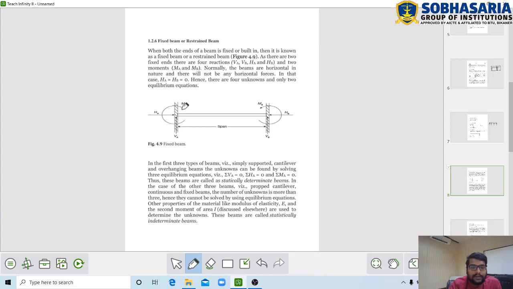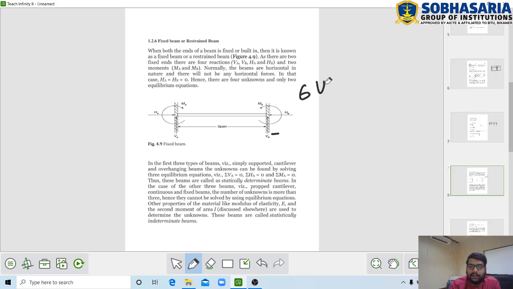There are 2 moments MA, MB, MA acting in clockwise direction and MB acting in anti-clockwise direction, and there are 2 horizontal reactions HA and HB. So, this side 3, this side 3, means here there are 6 unknowns.